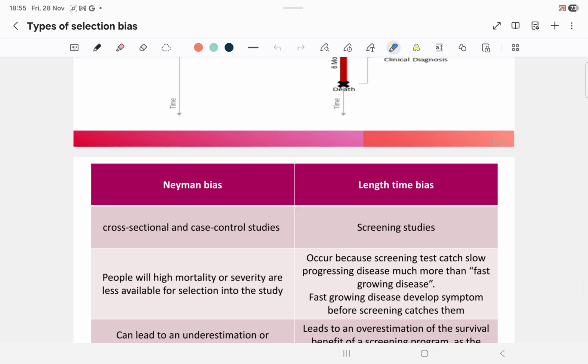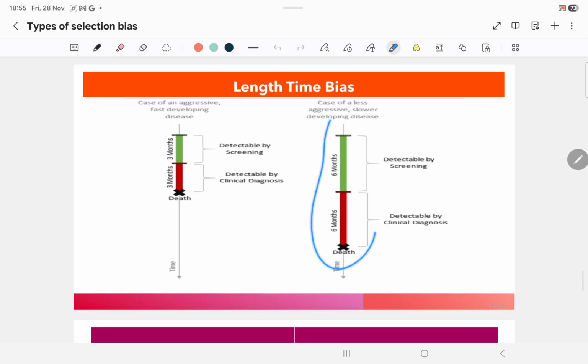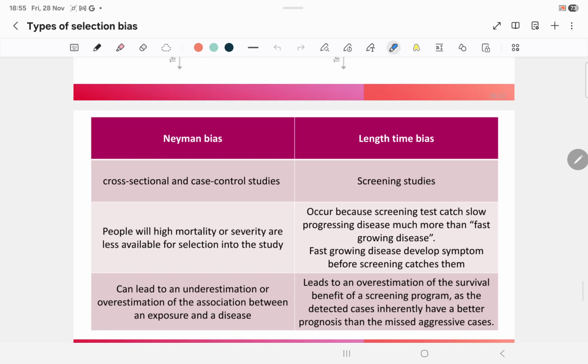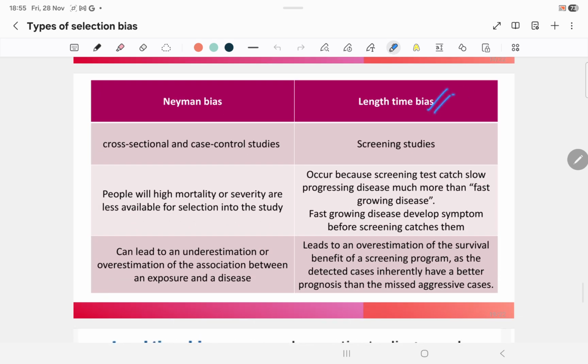So you might think that here we are talking about survival, that these patients are living longer. So what is the difference between Neyman bias, which is a type of survivorship bias, and length time bias? The difference is length time bias is relevant in screening studies. Neyman bias is relevant in cross-sectional or case control studies.